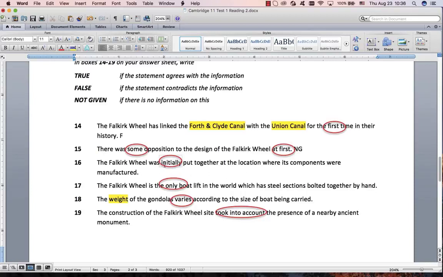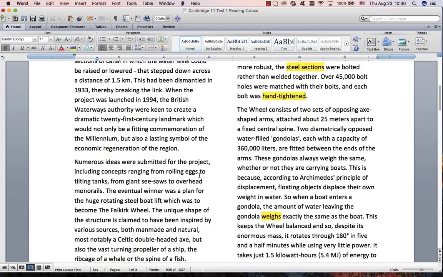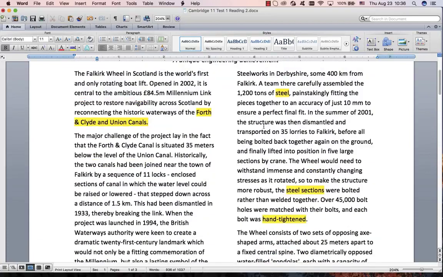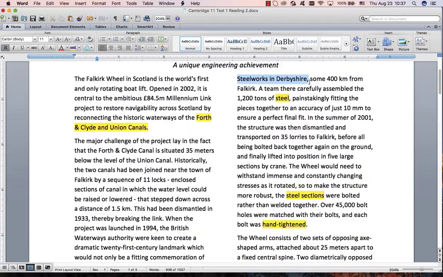Right, it was initially put together at the location where its components were manufactured. Again, this one didn't work so well. Was it initially put together there? Where was it initially put together? I think really they're testing where was it initially put together? So this, not really a circle word here. Where did they put it together initially? And over here, we found these words. We're looking for a place, really, and the place is this engineering steelworks.